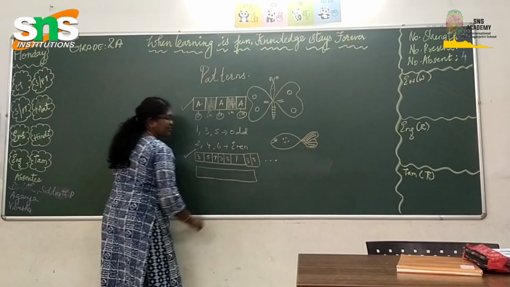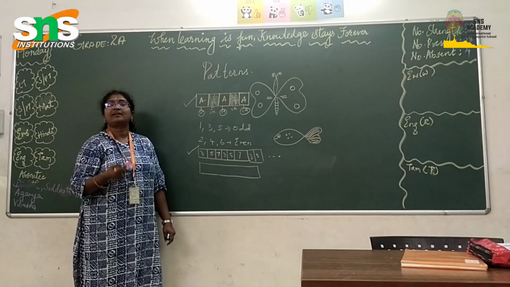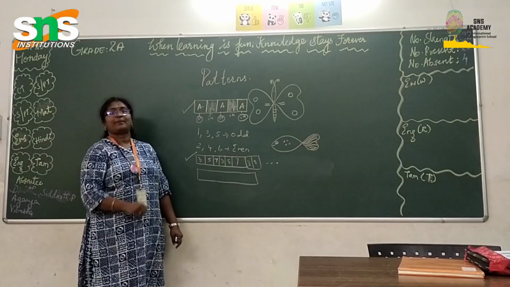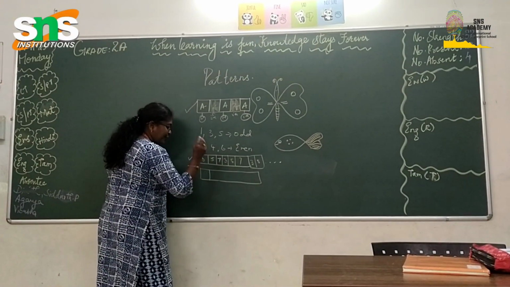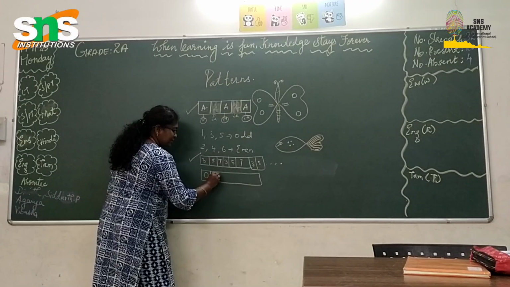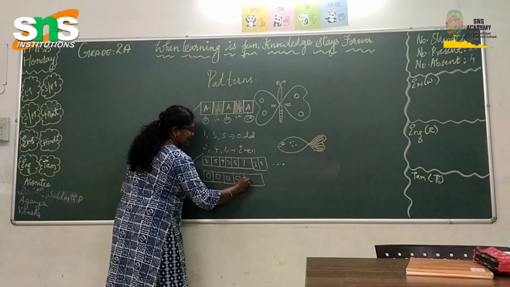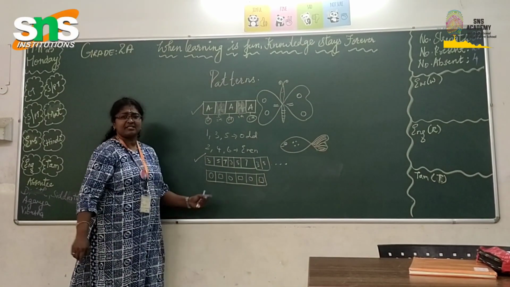You all know the basic shapes we have, right? We have circle, triangle, square, rectangle, all those shapes. Even those shapes form patterns. For example, I have taken only 2 shapes: circle and square.